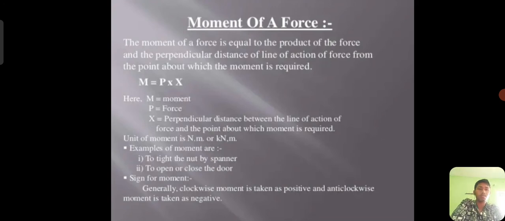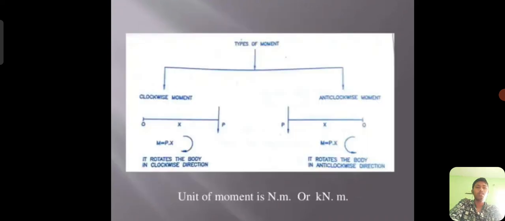Examples of moment are tightening the nuts by a spanner and opening or closing a door. Generally, clockwise moments are taken as positive, anti-clockwise moments are taken as negative. Types of the moment: clockwise and anti-clockwise directions.